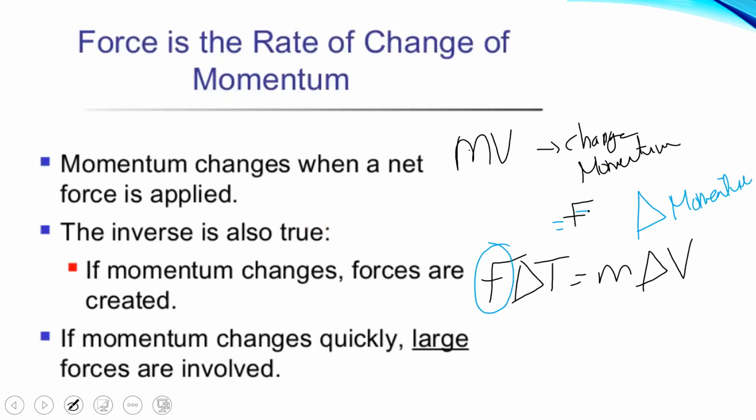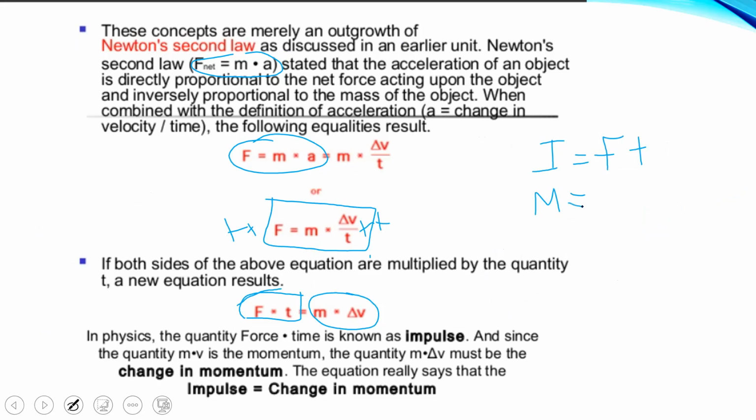Momentum is m times v. The delta momentum is m times delta v. So m times delta v, which is a change of momentum, is an impulse.